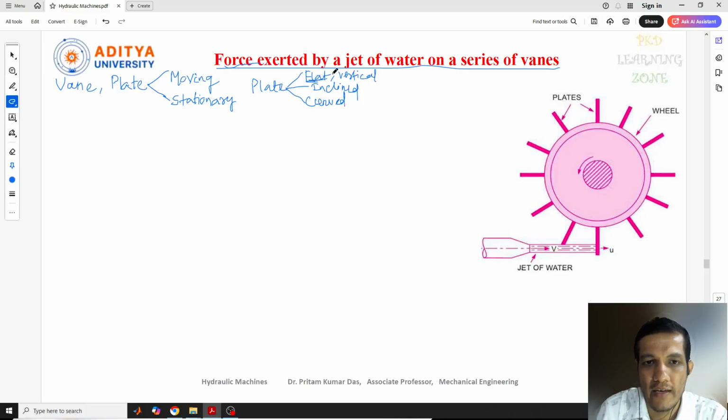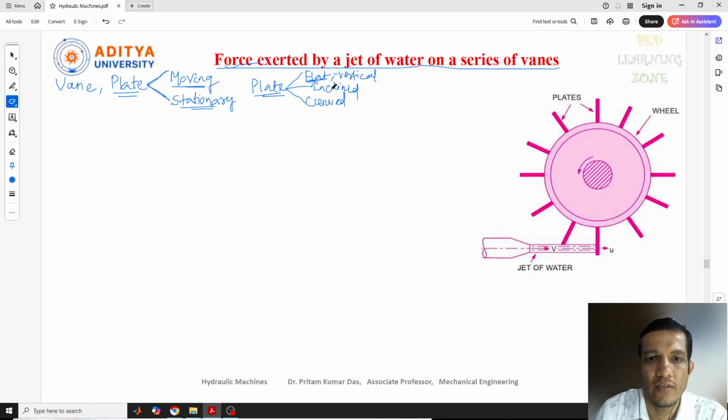So the flat plate is vertical or inclined, and another condition is the curved plate. These are the shapes of plate, and these are the directions, or the movement, of the impact of jets towards the plate, that means in the moving condition or stationary condition. These things we have already discussed.